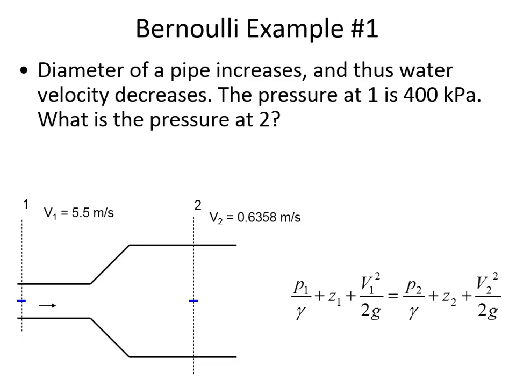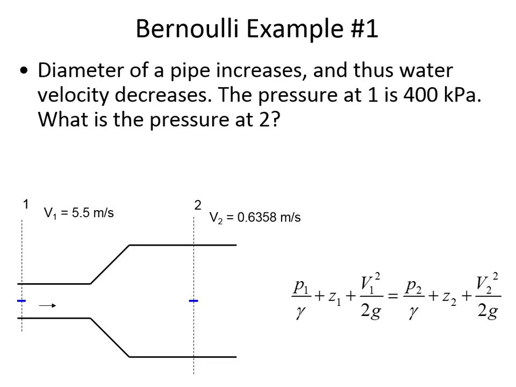So at 1, they're saying that 1 equals 2. The sum of the pressure head, elevation head, and velocity head at 1 is equal to the sum of the pressure head, elevation head, and velocity head at 2. Where's most of the energy at 1? Is most of the energy in the pressure, or is most of the energy in the velocity?